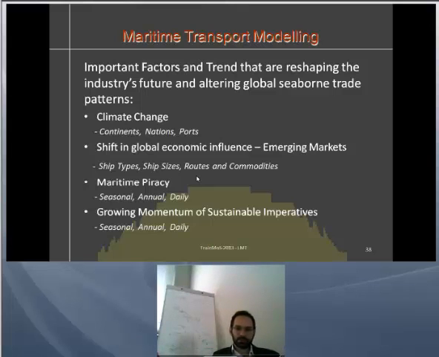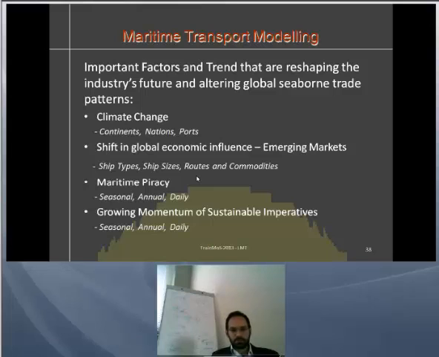Then there's also the shift in global economic influence and the emerging markets. So we have developing countries such as India or Brazil that are starting to consume more, and also are producing products that they want to export. So this creates a shift in the global economic patterns.